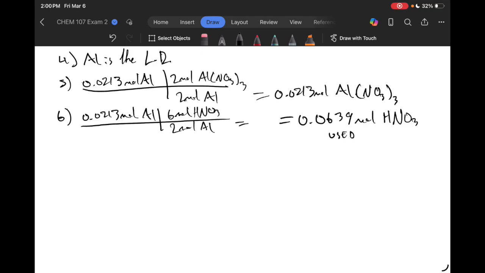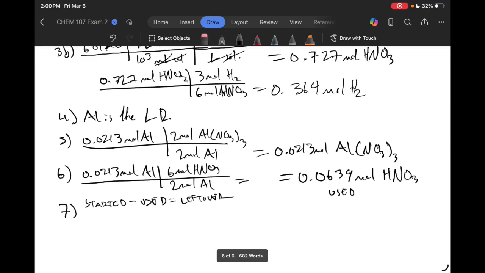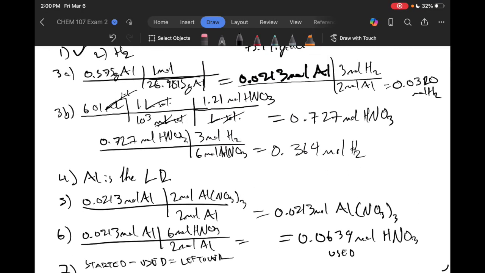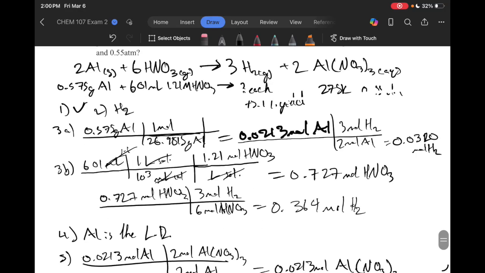Okay, so step 7, remember, started minus used is equal to leftover. Okay, so how much HNO3 did we start with? Well, we started with this much.